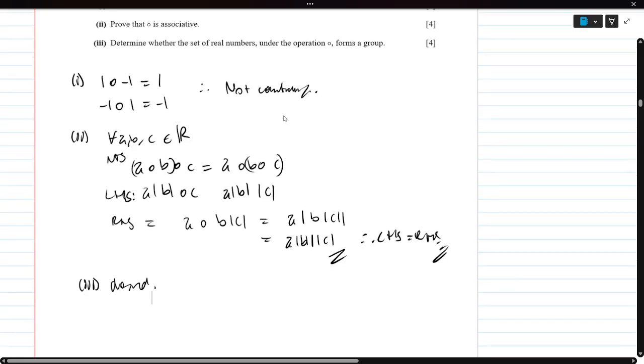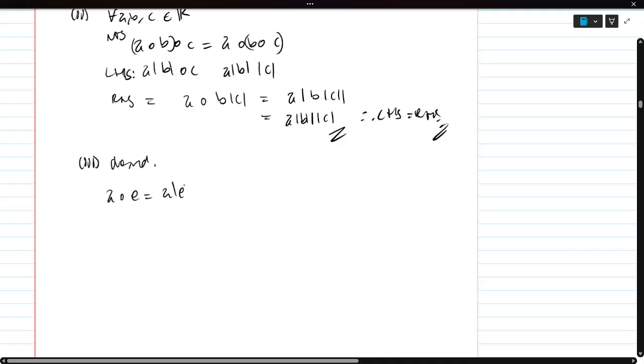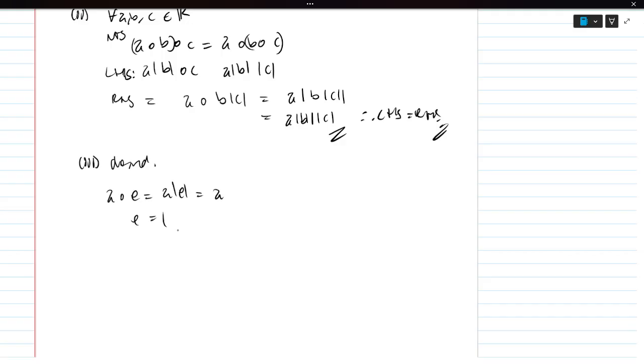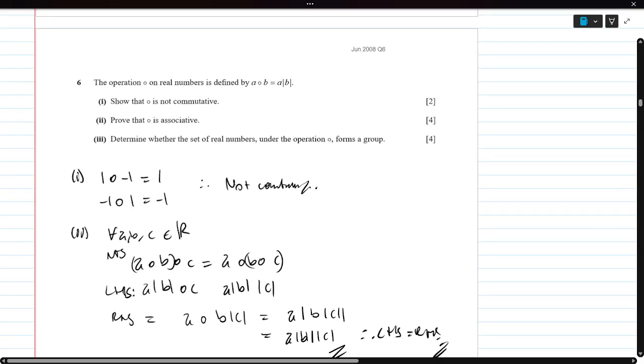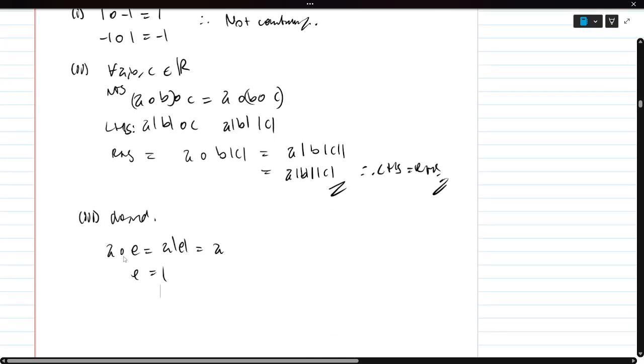Identity: the identity element is just 1. Is it 1? Yeah, it is. No, it's not 1.